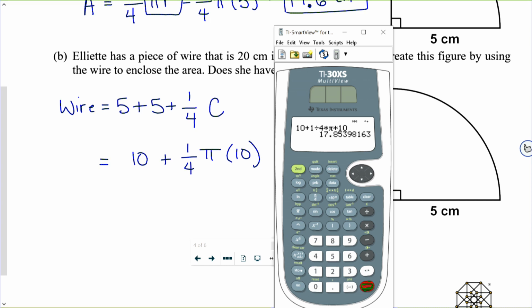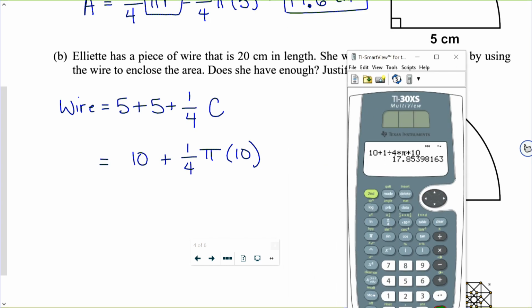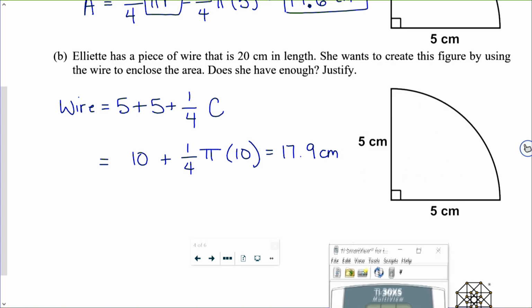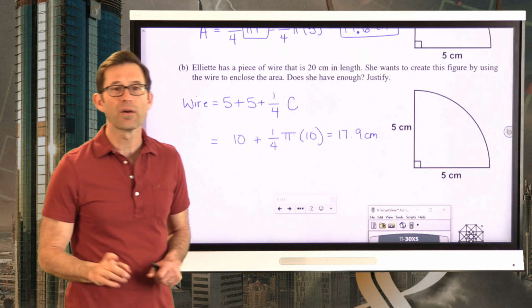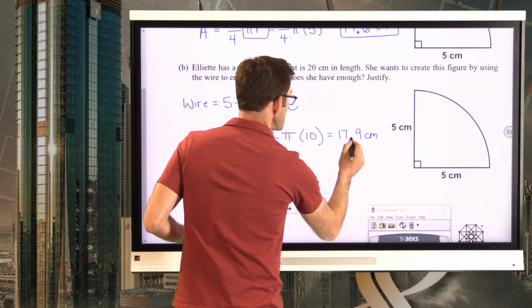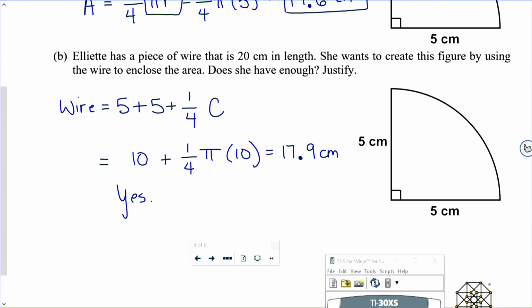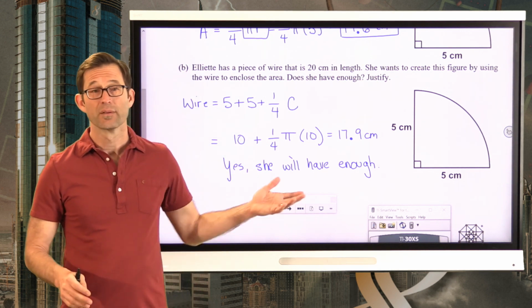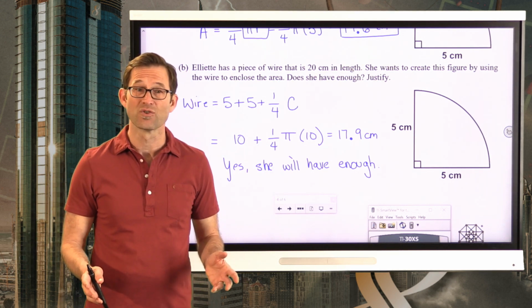Since the numbers are so messy here, it really helps to be able to put it all at once into the calculator. So rounded to the nearest tenth, Elliot's going to need 17.9 centimeters of wire. So let's answer the question: yes, she will have enough, because 17.9 is less than 20.